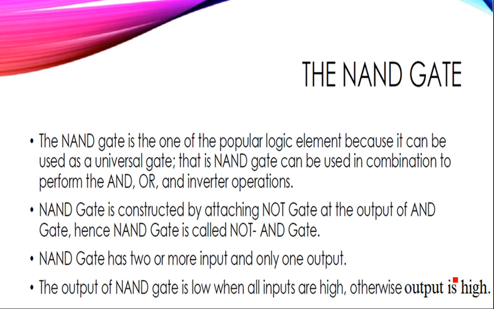So NAND gate is constructed by attaching NOT gate at the output of AND gate. That means here NAND is the complement of the AND gate. NAND gate has two or more inputs and only one output. And the output of NAND gate is low when all the inputs are high. Otherwise, output is high. This is exactly complement to the AND gate, or opposite to the AND gate.